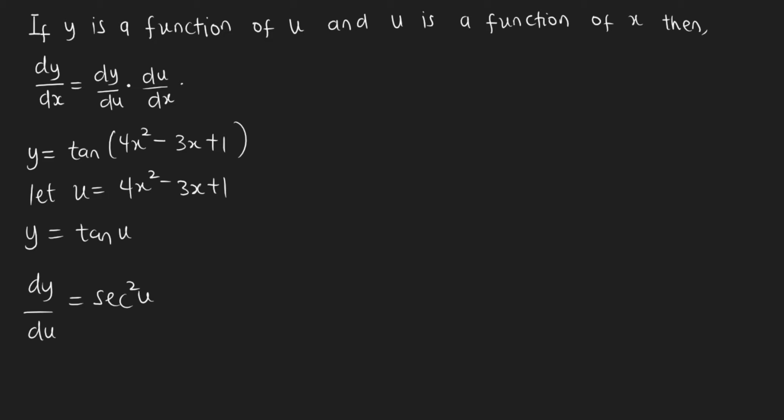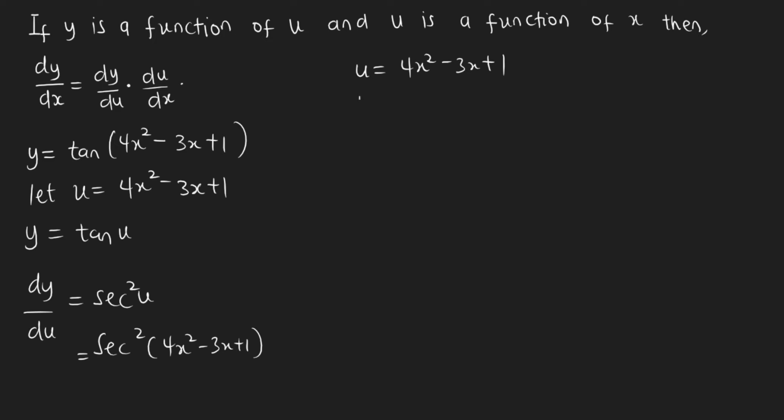Okay, so let's take note of that. We already know that u equals 4x squared minus 3x plus 1, right? So this will be equal to sec squared of u, which will be 4x squared minus 3x plus 1. Okay, so this is what we have now. So now let's find du/dx. We know u to be 4x squared minus 3x plus 1.